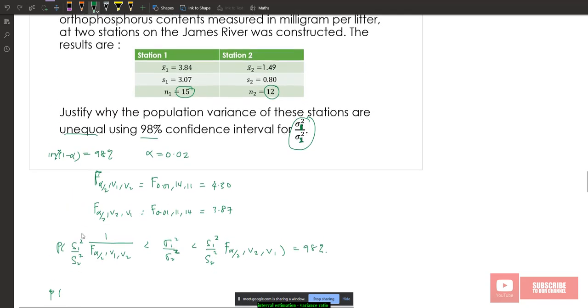And this is the same as 2 F alpha divided by 2, V2, V1, 98%. Right. So for this one, plug in the value.